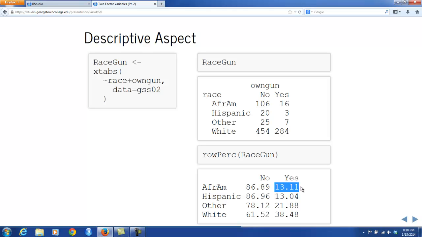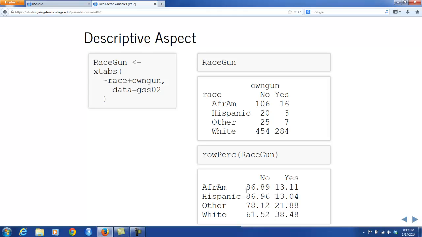Well, some of the percentages are pretty close, but some of them are quite far apart, like the 21.8% is quite far from the 13%. The 38% is quite far from the 21% and even further from the 13%. So I'd say I see some pretty big differences in the row percents as you compare down the yes column.